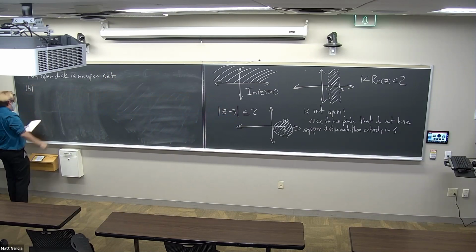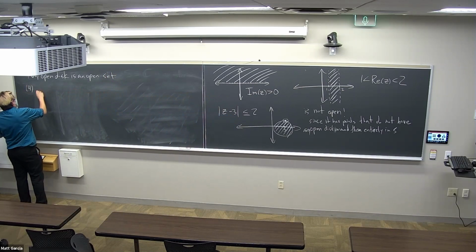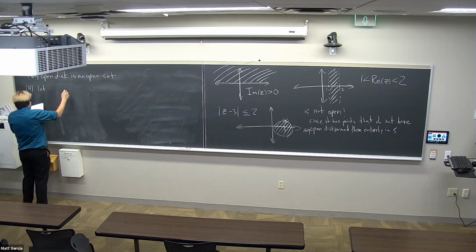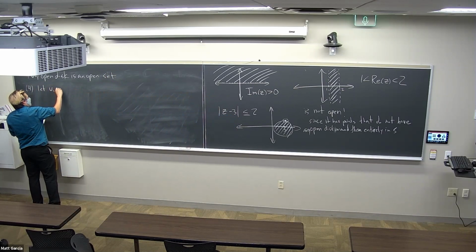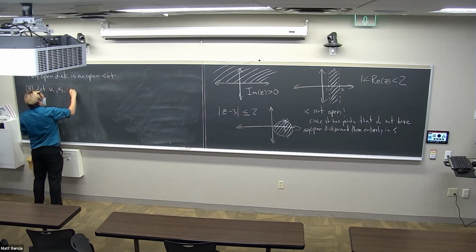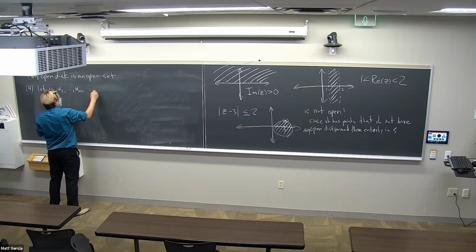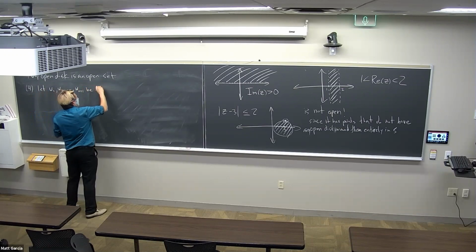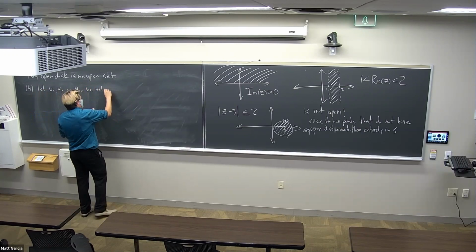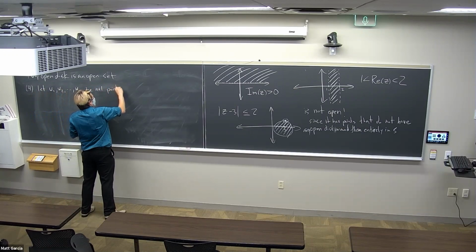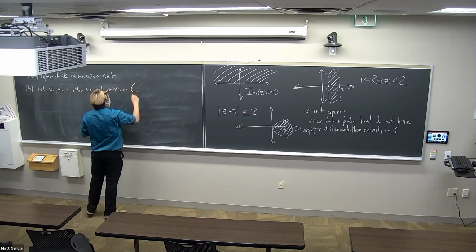Okay. So definition 4. Let W1, W2 up through Wn plus 1 be n plus 1 points in the complex plane.